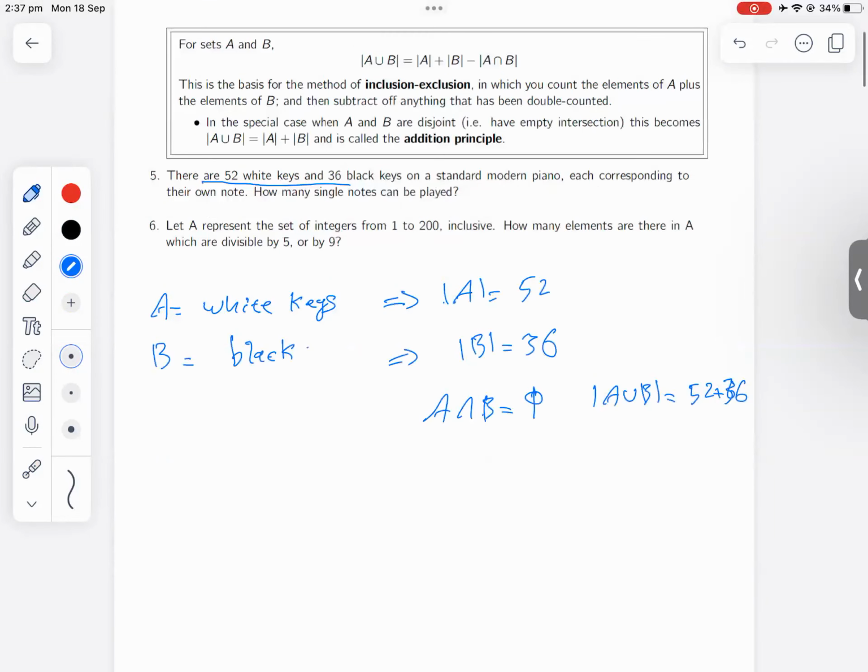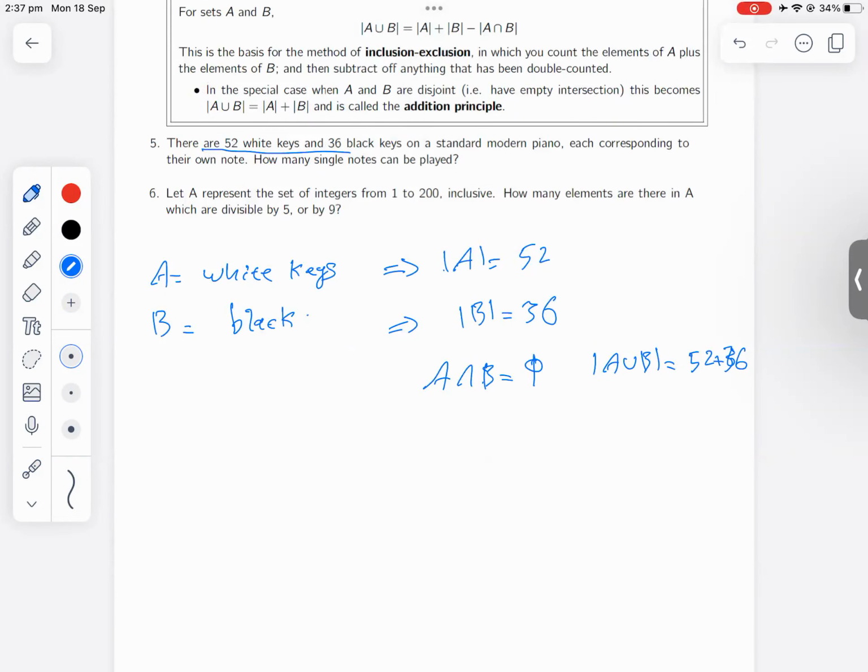Now we want to solve question 6. So, question 5, question 6. All right. So we see that A will be 5, 10, 15, and so on until 200. The number of elements in A is 200 divided by 5, which is 40.